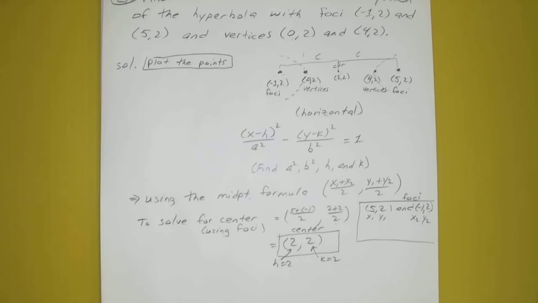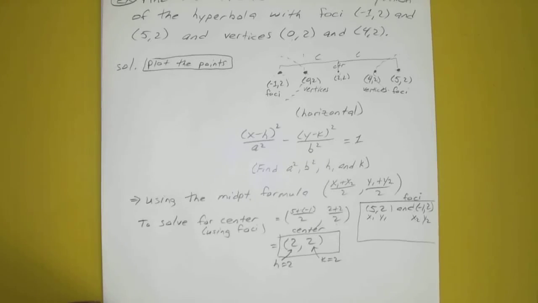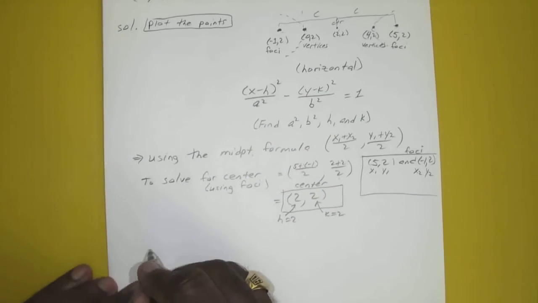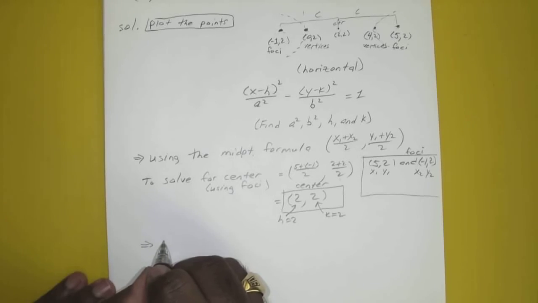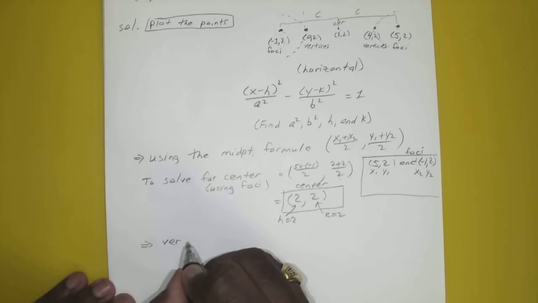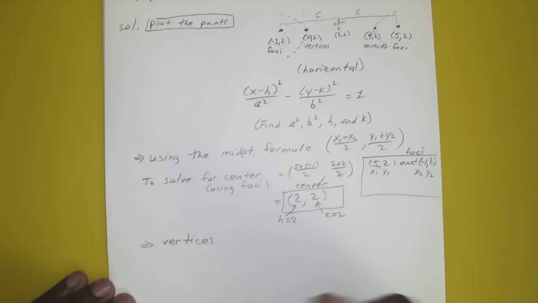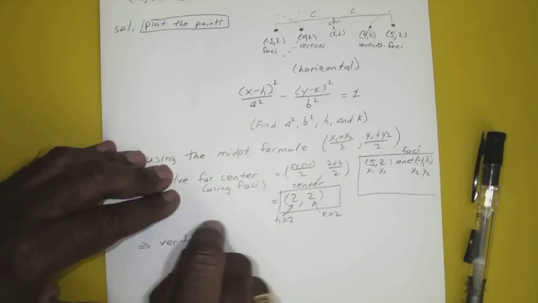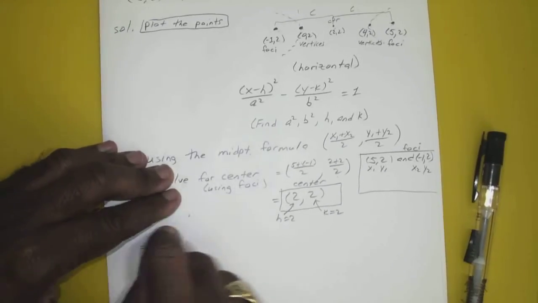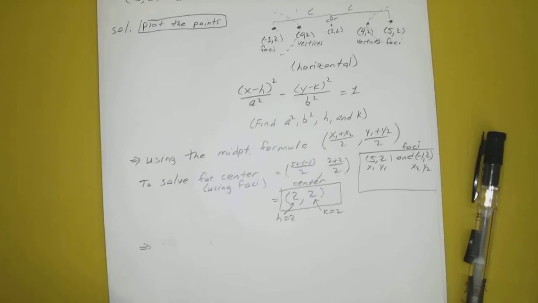Now the reason I say to graph it is because once you graph it, you can pretty much figure out your A and B from there. Well, at least your A. Because remember, I forgot to put A equals the distance from vertices to center. Make that a little bit clearer.